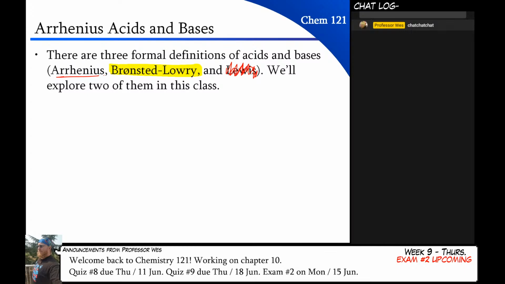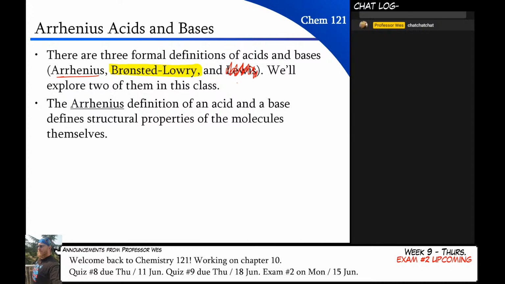Arrhenius is the simple definition of acids and bases that's not super useful for certain compounds. Brønsted-Lowry is much more complete and encompasses all different compounds that we can think of. So let's talk about Arrhenius first, because it's easier to understand, but it's not great. Arrhenius acids and Arrhenius bases require specific molecules to be present in order to call them acid or base.